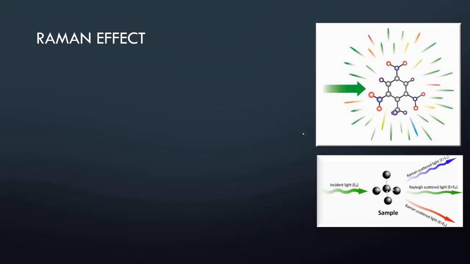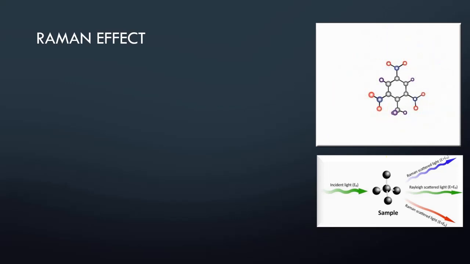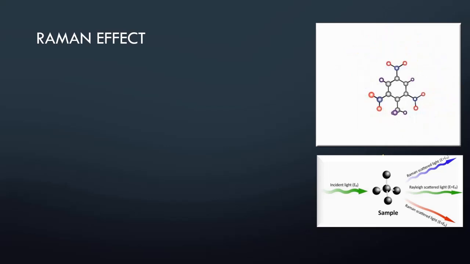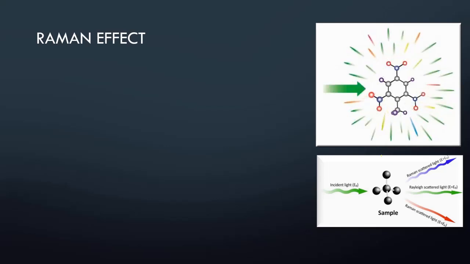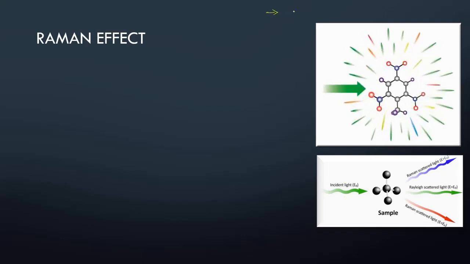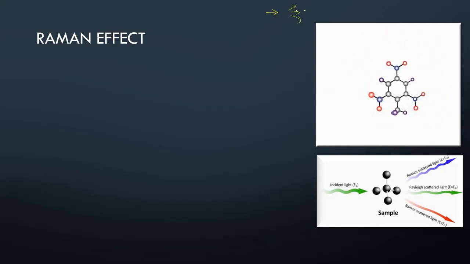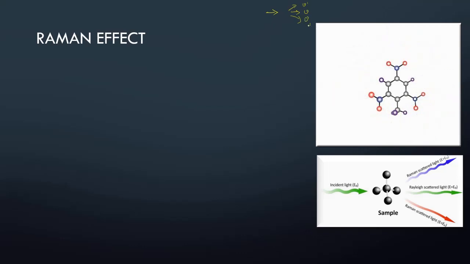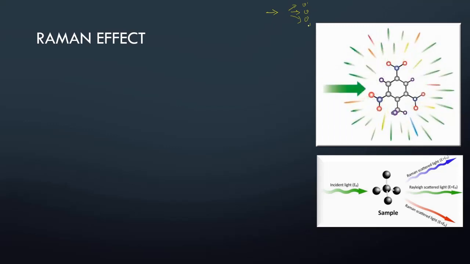It also has a ray with a frequency higher than the incident radiation, and a ray with a frequency lower than the incident radiation. That is, whenever light hits a substance, the scattered light consists of three different waves: with the same frequency, with a higher frequency, and with a lower frequency. And this effect is known as the Raman effect.